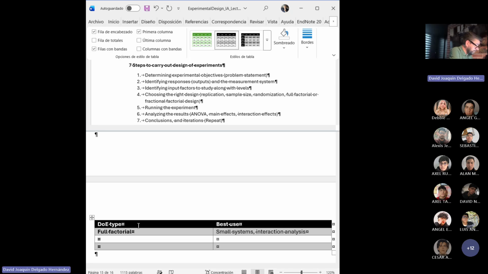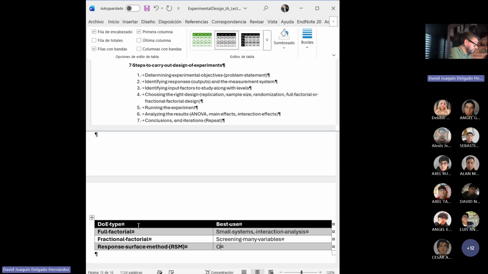Then fractional factorial, which is the second that we analyzed. You use them when you want to screen many variables. If you have so many variables, use fractional. Okay, many variables. And finally, the response surface method, RSM.